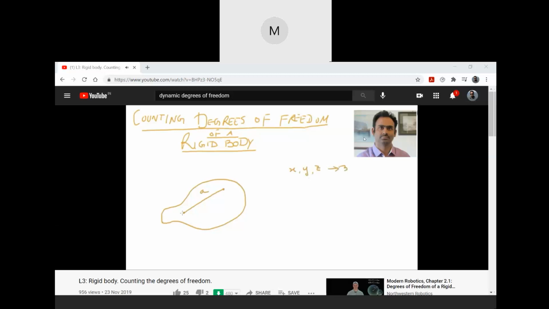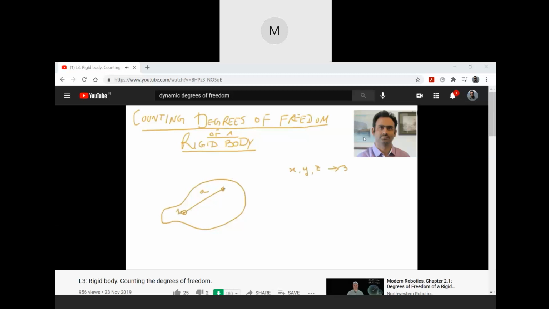Okay, that's good. Now let's look at this particle, some distance a away. Given this one being fixed here, what freedom does this one have? Clearly, if only point number 1 is fixed, this has a lot of freedom.